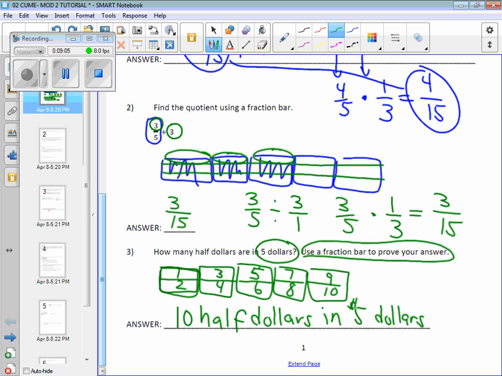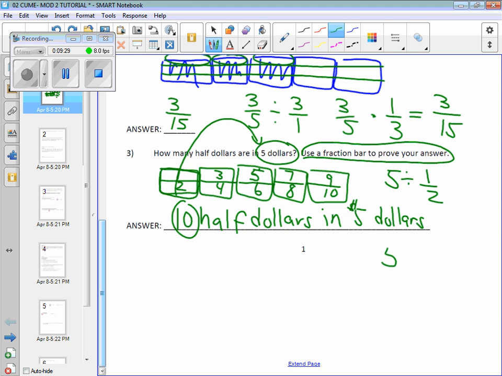The way that question number 3 is different from 1 and 2 is that our answer, 10, is larger than what we started off with. What we're doing is really 5 divided by a half. And it will work if you do keep, change, flip.